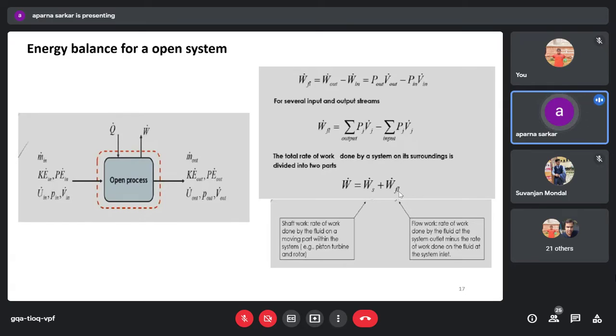Volume expansion may be there, or volume compression, or sometimes phase change. That means if it is a liquid, it may be converted into gas, or the gas converted into liquid, depending on your pressures. So that is the flow work. So the work on the system is the summation of the shaft work and the flow work.